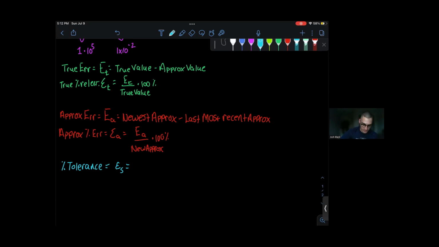And this can be found using the Scarborough equation, where n is equal to the number of significant digits we need. So we now know when our approximate percent relative error is less than our percent tolerance, stop iterating.